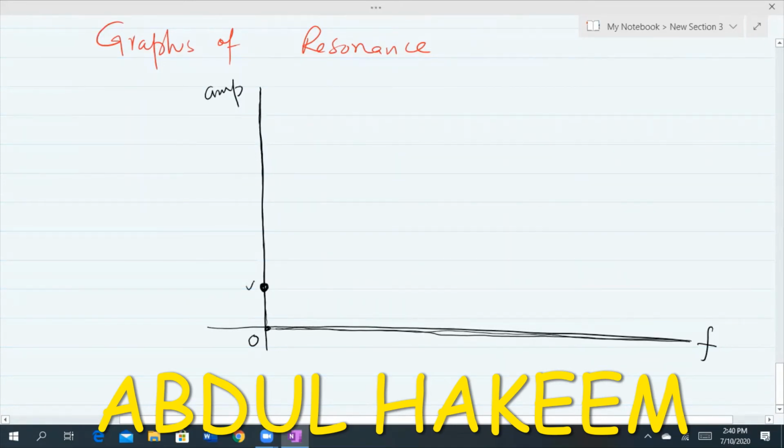Now, suppose somewhere here, the frequency of the external system matches the frequency of the natural oscillating system. When you are increasing the frequency of the external system, and it becomes exactly equal to the natural frequency, right? Then what will happen? The amplitude of the naturally oscillating system increases.